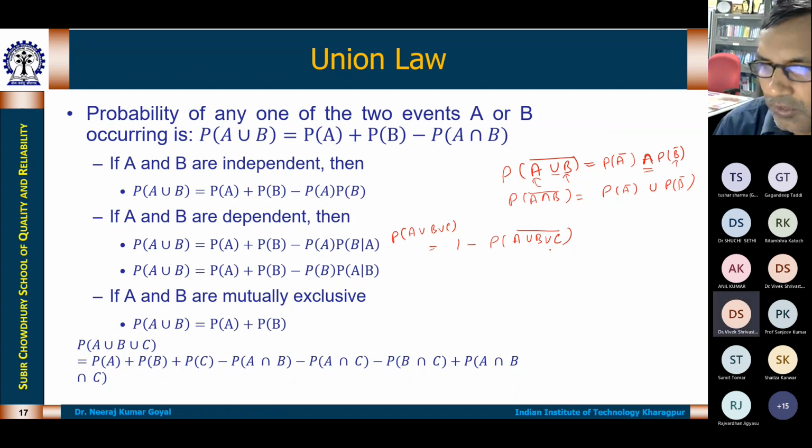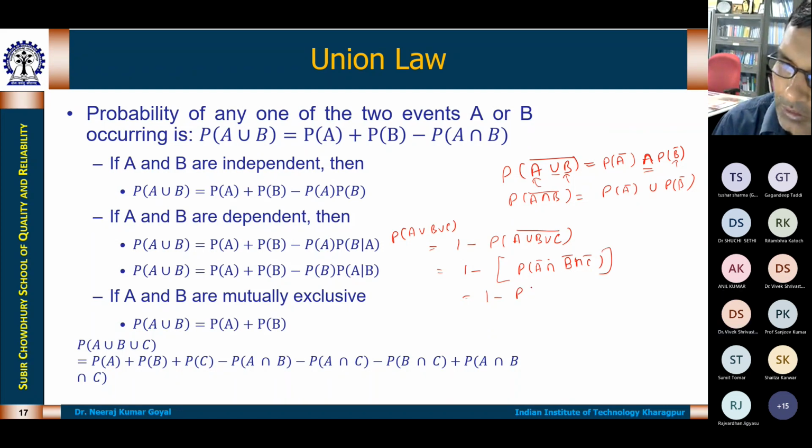So I'll take the complement and open it. This becomes probability of A bar intersection B bar intersection C bar. And I know that intersection probabilities follow the multiplying law, so I can use probability of A bar, probability of B bar, and probability of C bar.